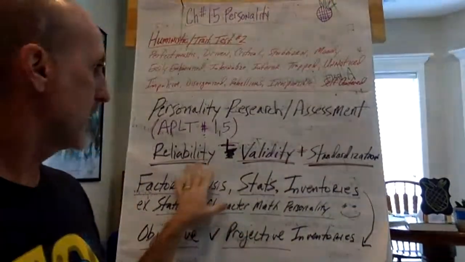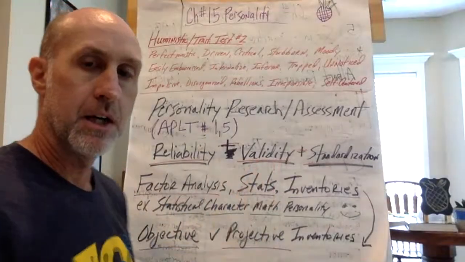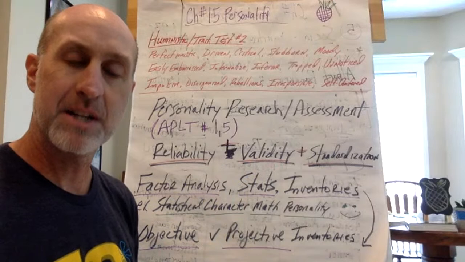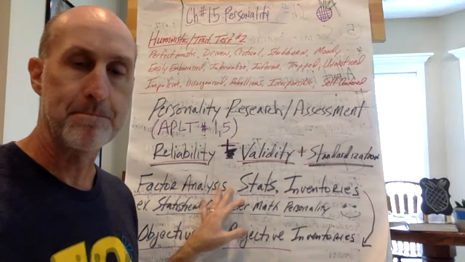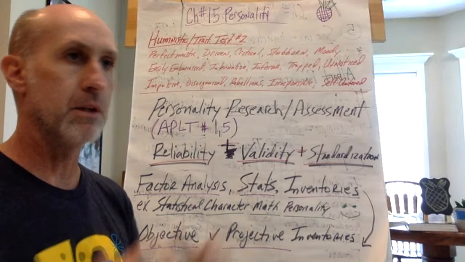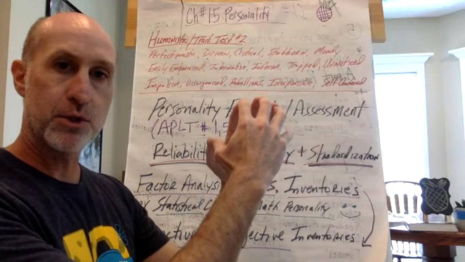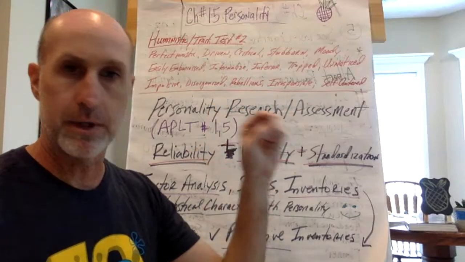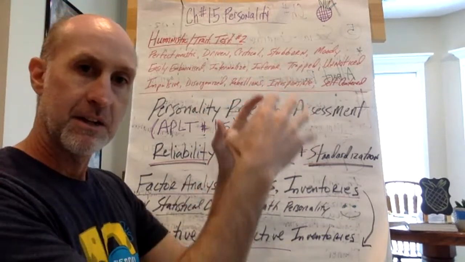So what they're saying here is, especially when I get to the validity of the specific traits that I want to measure, I'm finding those traits from factor analysis. Like extrovert, introvert: I'm finding that everybody who is rated an extrovert is outgoing, social, loves interacting with people. That's factor analysis.